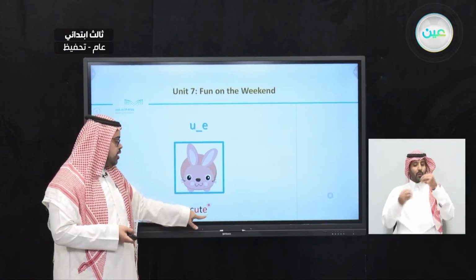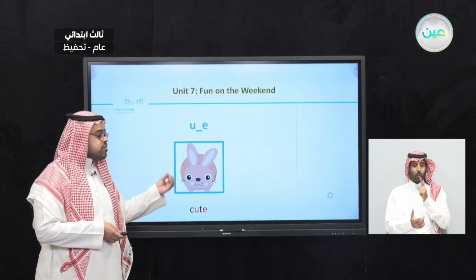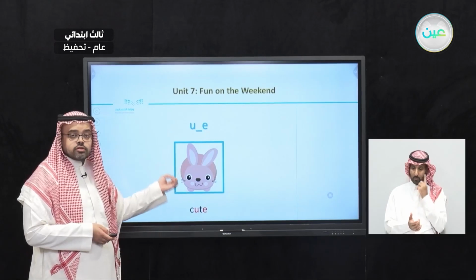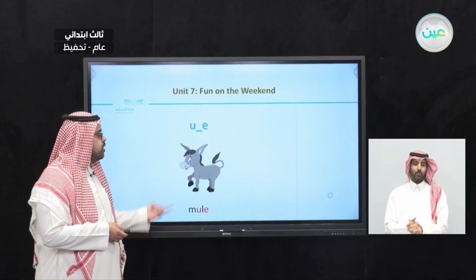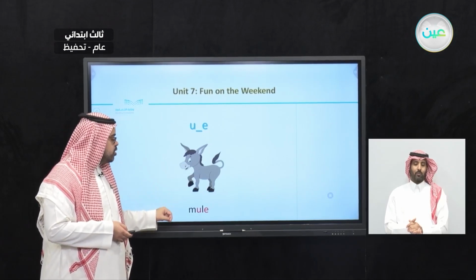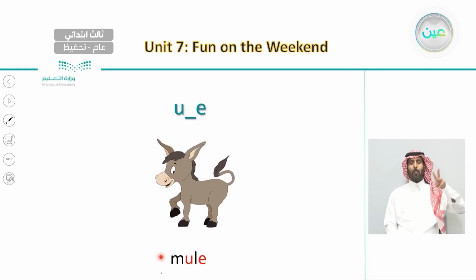Because we have the letter E at the end. Cute means beautiful. This is a description of this animal. And also another word from the UE group of words, which is mule. Mule. Mule, also a kind of animal.